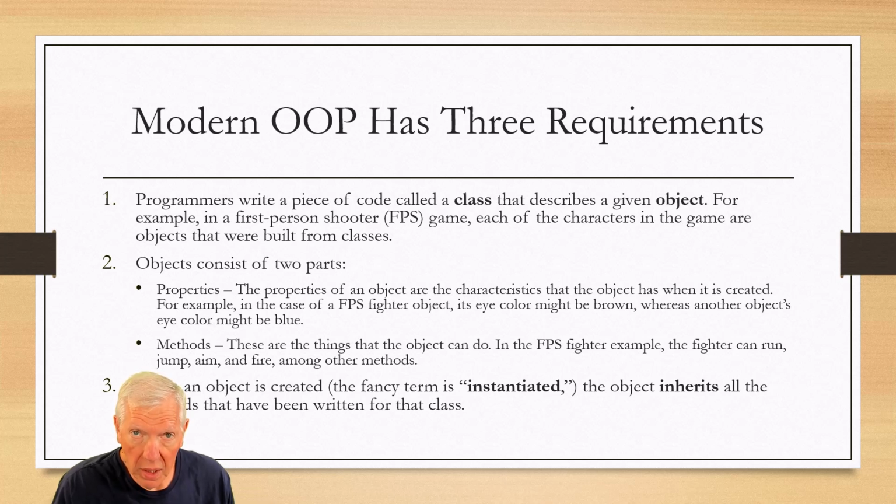And when we do that, we pass in what are called properties. So the properties of an object are the characteristics that have been given to it. For example, one fighter object might have brown eyes, while another fighter object might have blue eyes. Gender, height, weight, number of fingers, whatever. You get the idea.